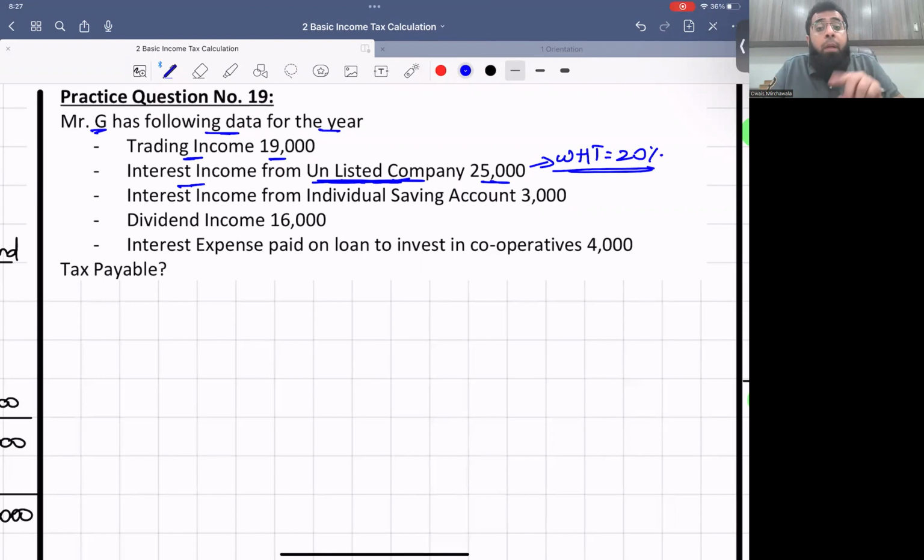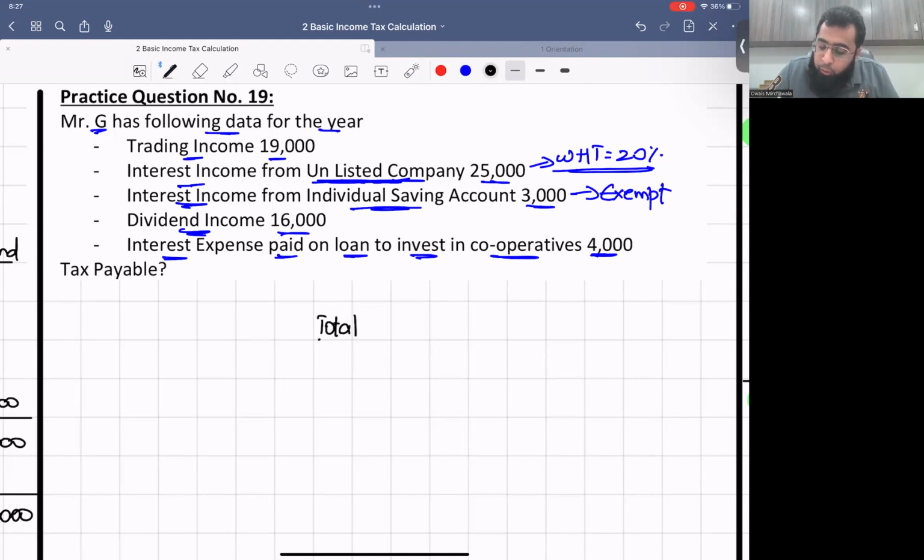Normally on interest income, there is no withholding, but when it is interest income from an unlisted company, withholding tax of 20% will apply. Interest income from individual savings account is exempt. And then we have dividend income 16,000, and interest expense paid on a loan to invest in cooperatives, which is qualifying loan interest, 4,000.